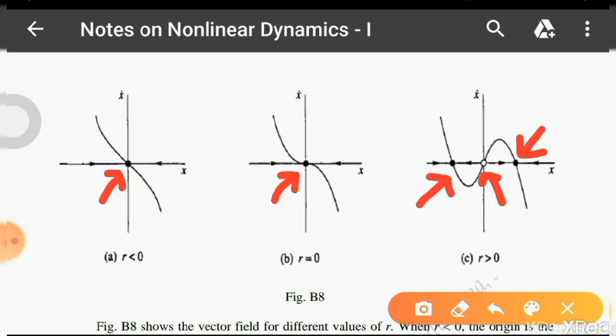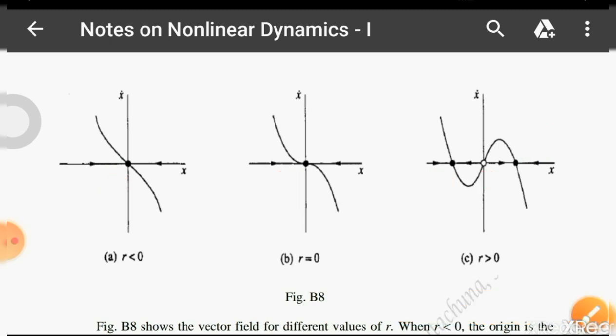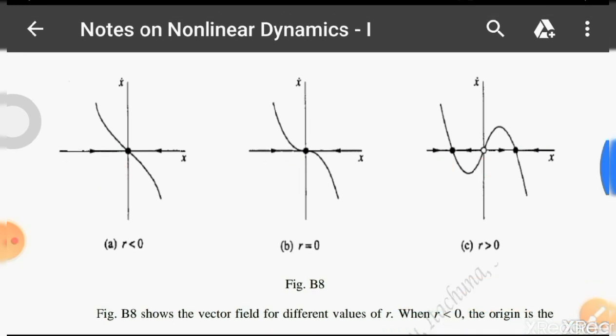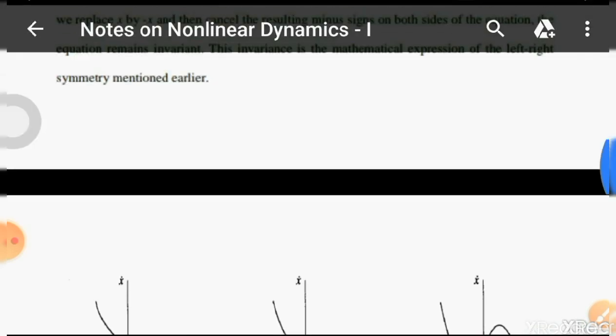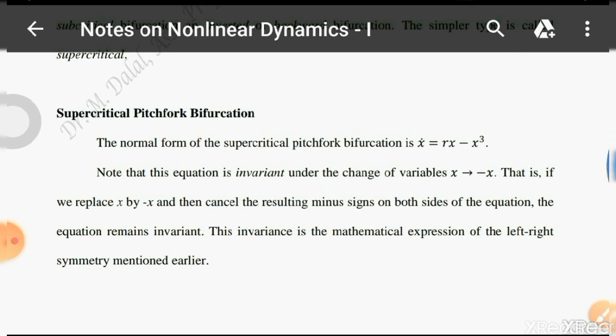Now, we will check this diagram on the basis of our knowledge of determining fixed points and verifying their stability by linear stability analysis.